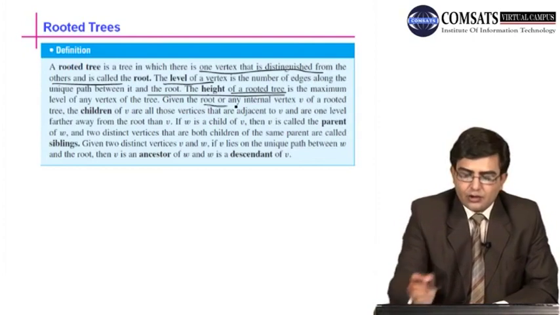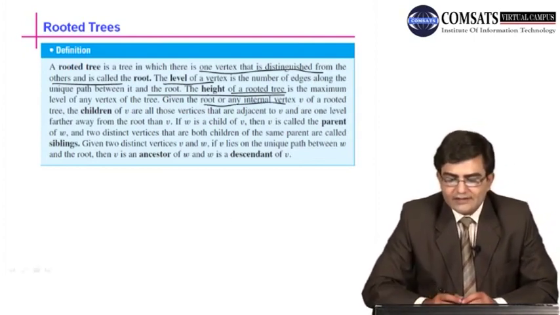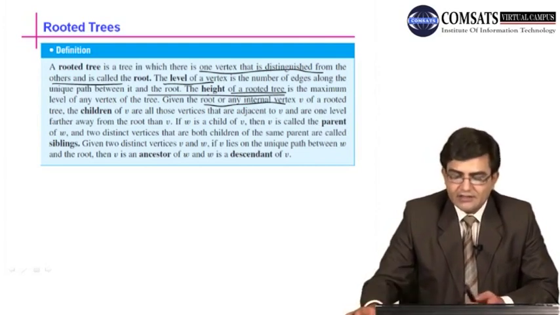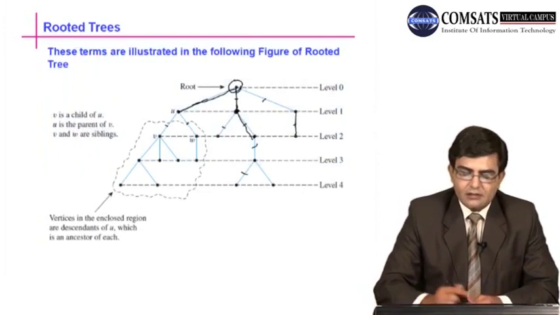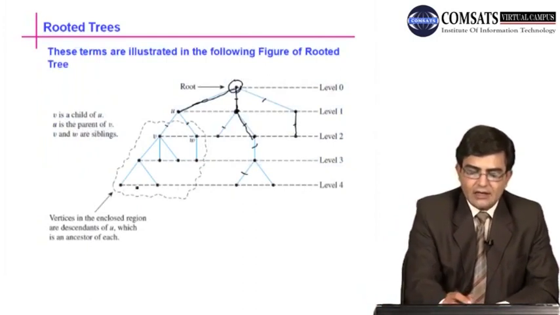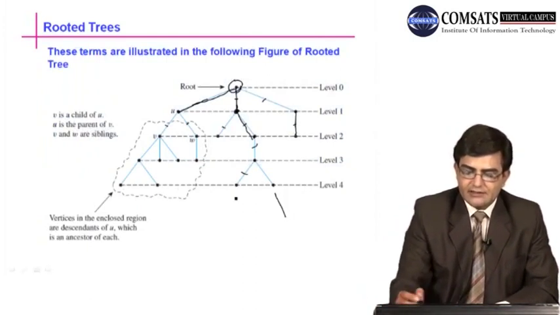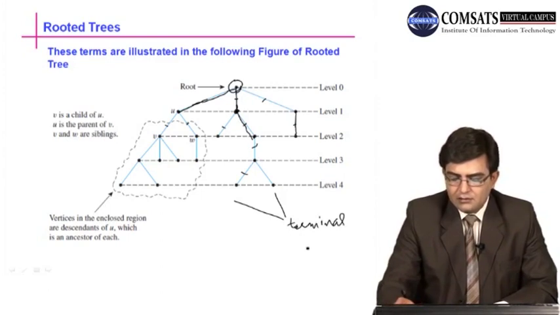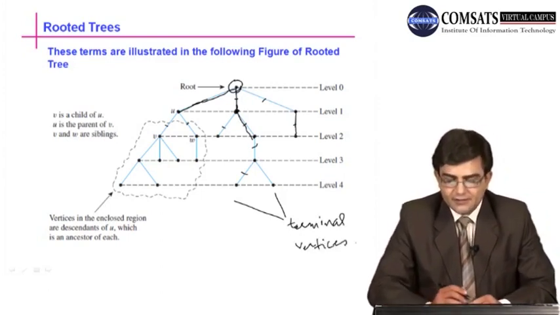Given the root or any internal vertex v of a rooted tree, if we are given any internal vertex, it's basically not the terminal vertex. These are basically terminal vertices, as we have discussed in the previous lecture.